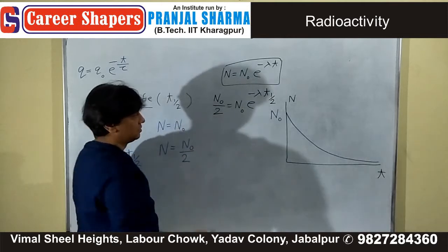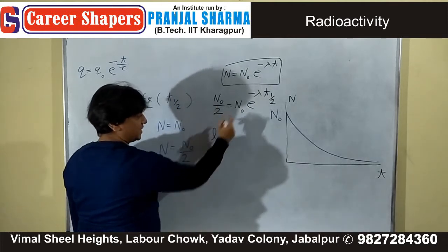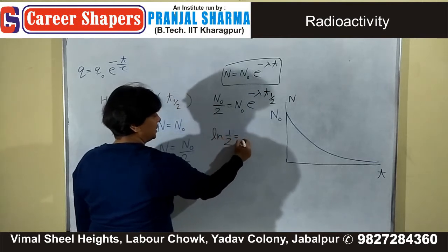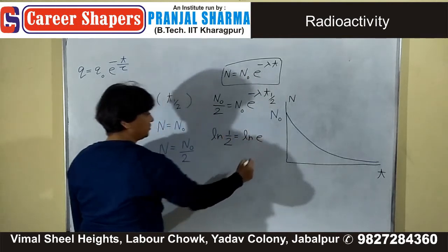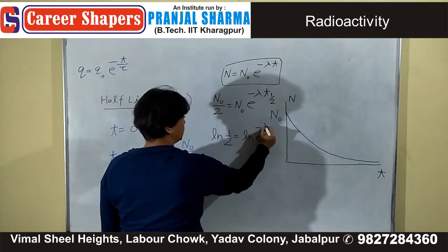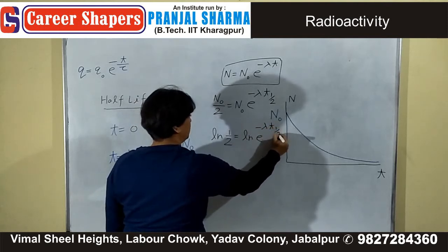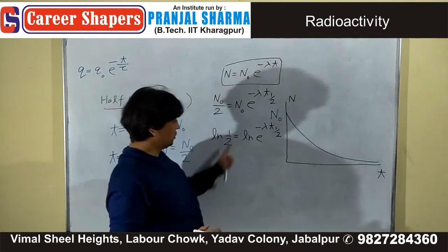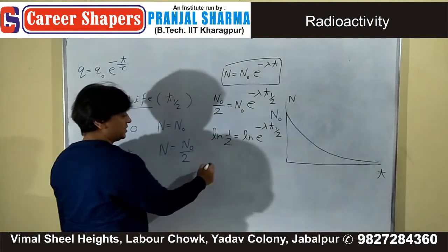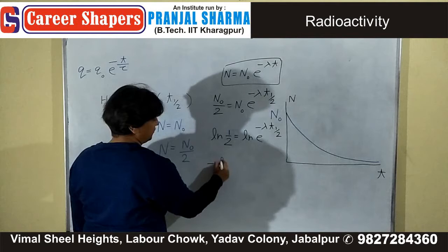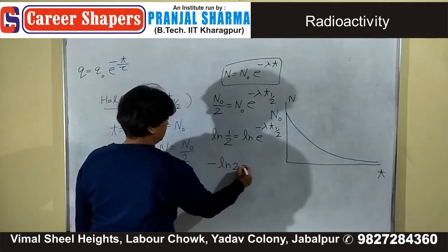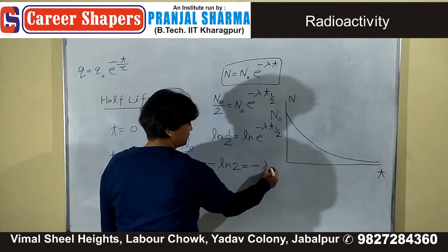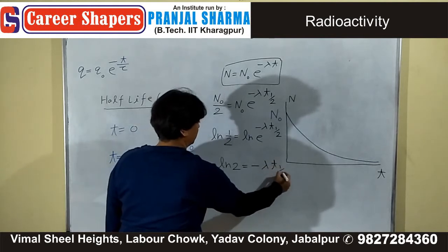Take log. After cancelling N naught, take the log, which is ln of 1 by 2, equals ln of e to the power minus lambda into T half. Now, log 1 by 2 is minus of log 2, and this is only minus of lambda T half.